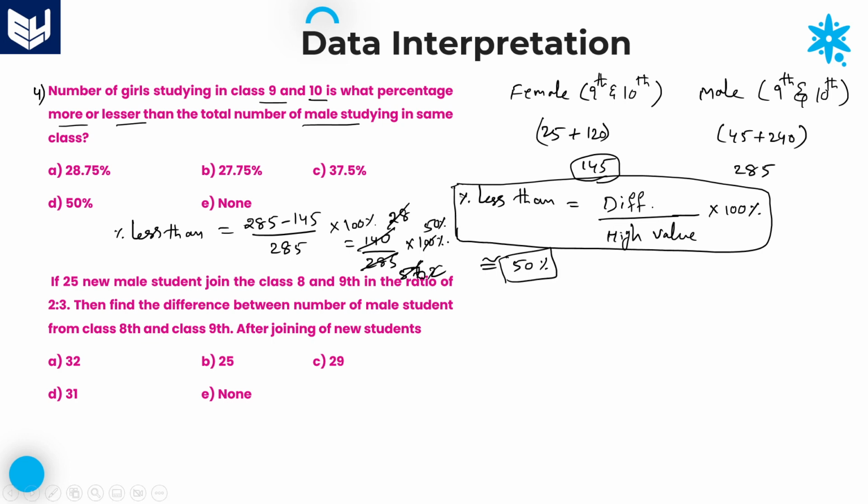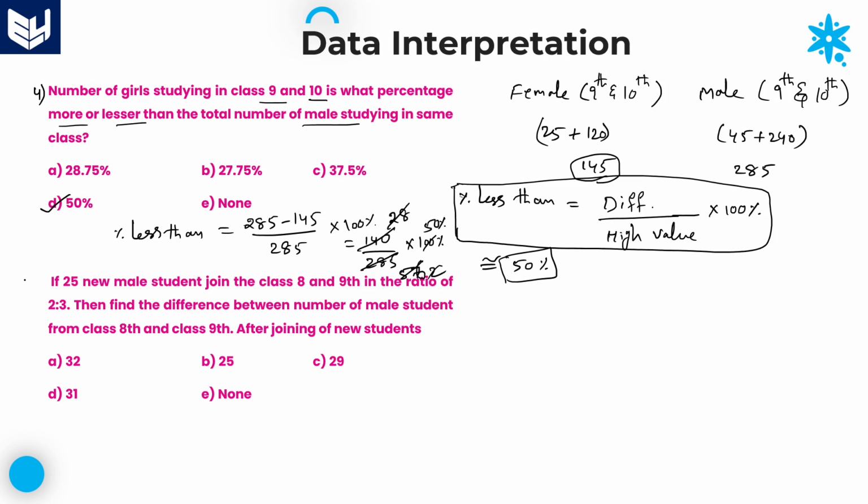It means the number of female candidates of class 9 and 10 together is 50 percentage less than the number of male students from class 9 and 10 together. So among the options, you can go with option D. Option D is the right answer for this question, approximately 50 percentage.